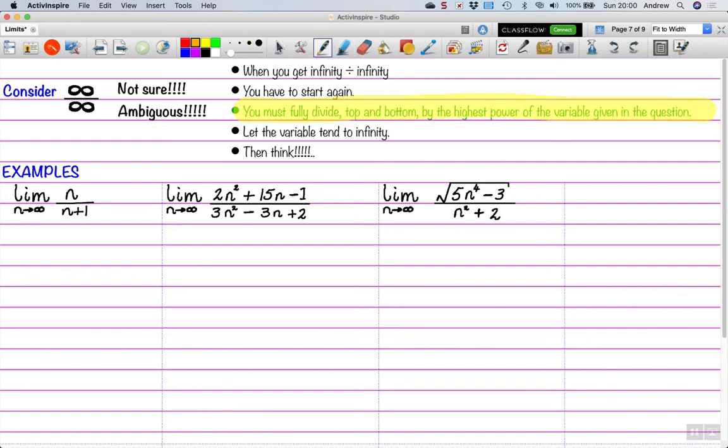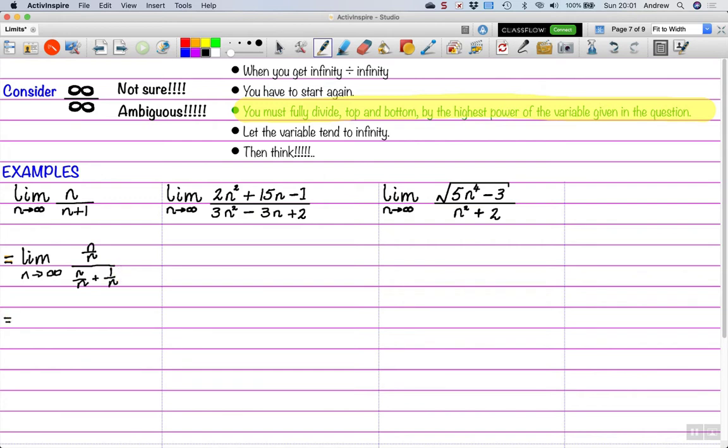Well, in the context of this question, the variable is in actual fact n. So therefore we're going to be dividing top and bottom by n. So we're going to have n divided by n on top, and on the bottom we're going to have n divided by n plus 1 over n.